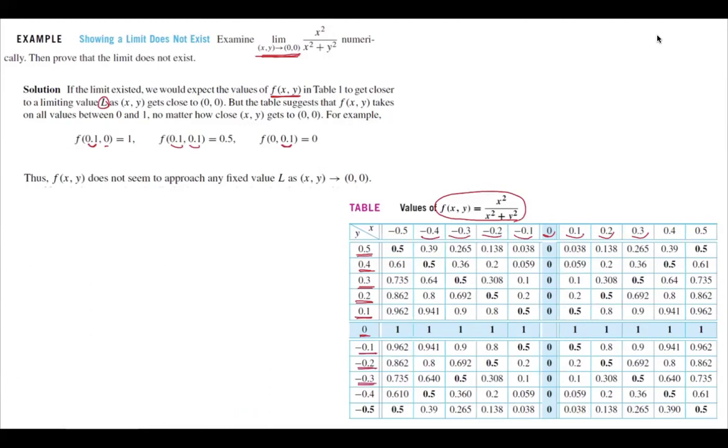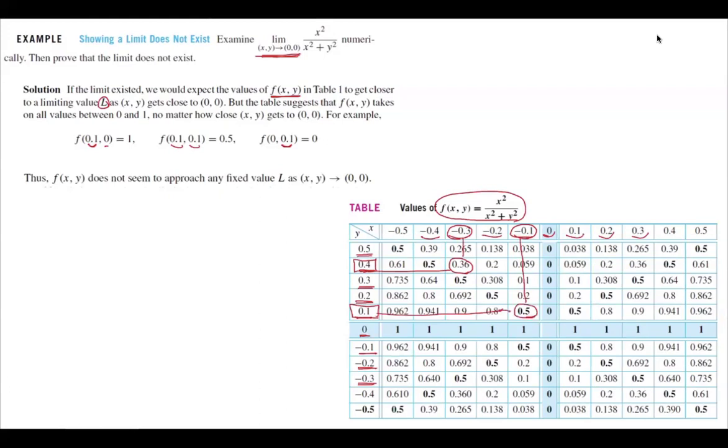So if I plug in, for example, negative 0.3 and 0.4 into my function, the z value becomes 0.36. If I plug in, for example, negative 0.1 and 0.1 itself into my function, the z value that I'm getting is 0.5.